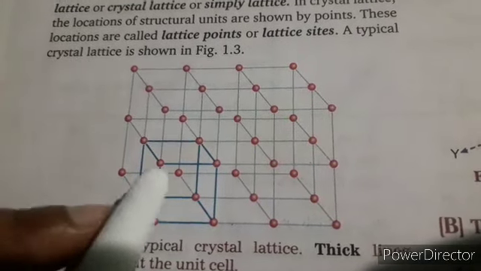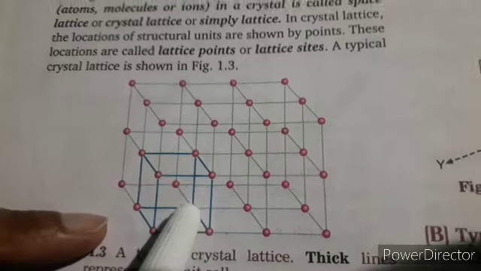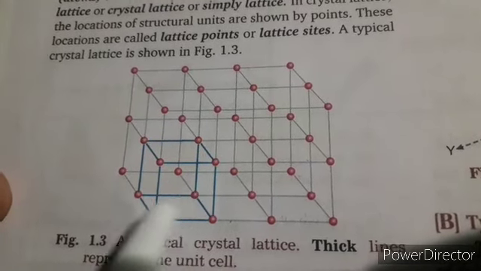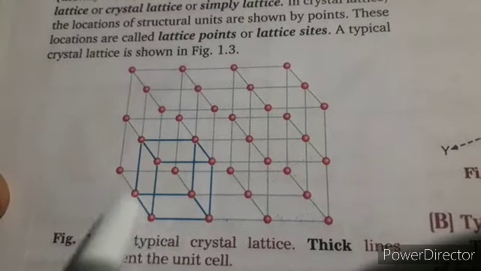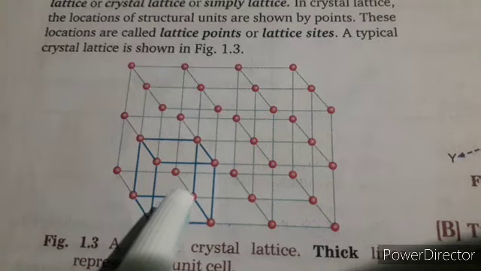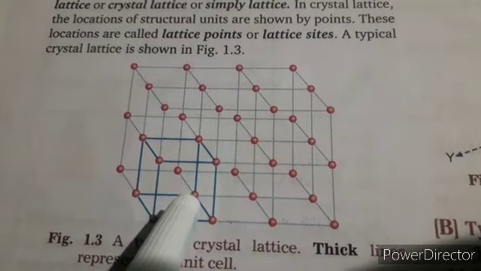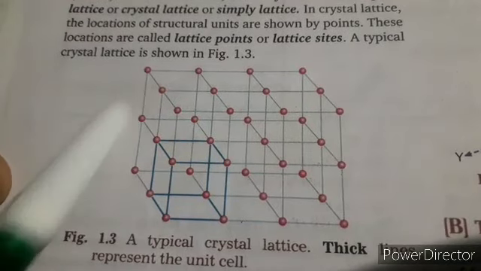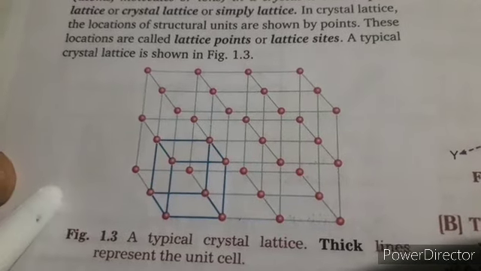I'm once again telling you, these are the particles, either atoms, molecules or ions, and when these particles join together, they always give you a proper arrangement of three-dimensional structure, and this leads to the space lattice or crystal lattice, any term you can use.